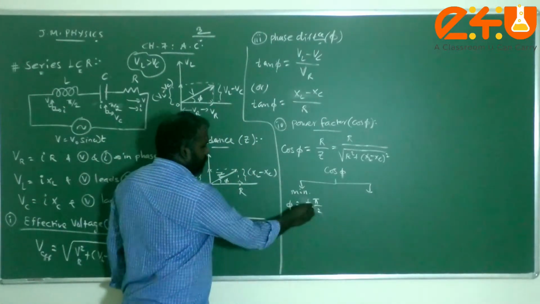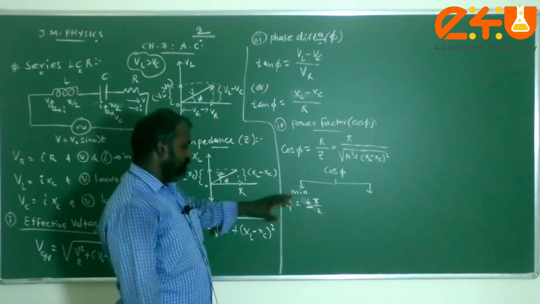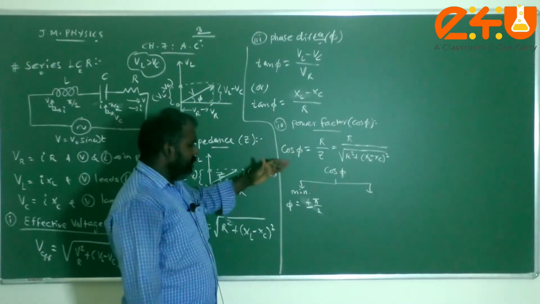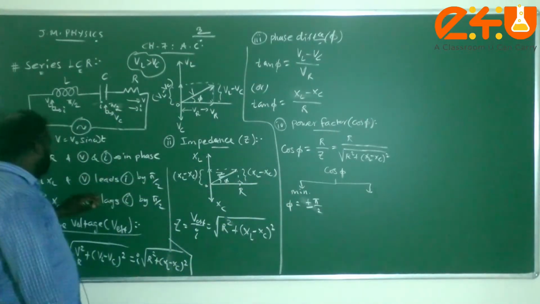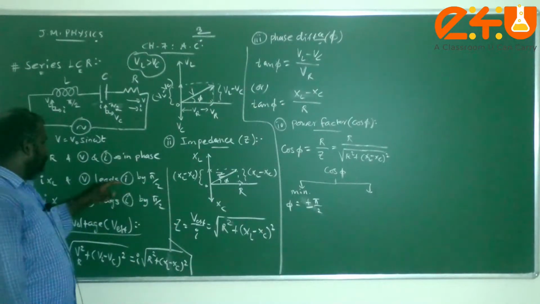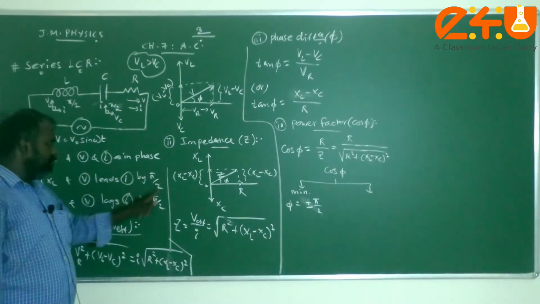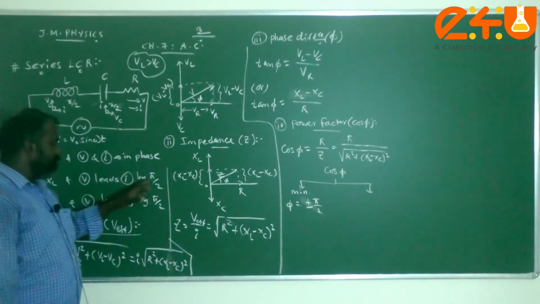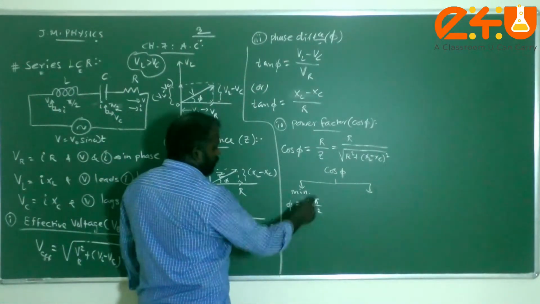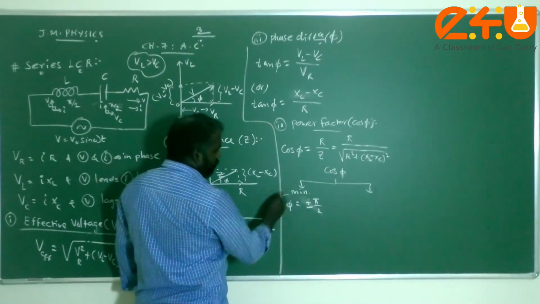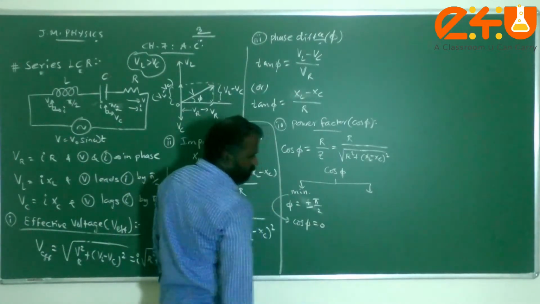We know that if the circuit is inductor dominant, only the inductor plays the major role, and the voltage leads or current lags. Whether it is leading or lagging, the phase difference will be pi by 2. Leads means plus pi by 2, lags means minus pi by 2. In those cases, the power factor gets its minimum value, which is equal to 0.